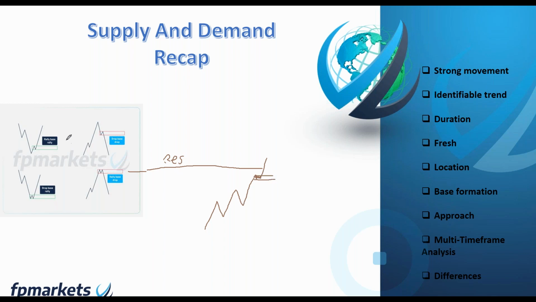Remember, the rally-base-rally is a defined up move, a subsequent consolidation, the base, which follows up with a move to the upside. Now, that inefficient move to the upside had enough, for lack of a better word, oomph to completely obliterate that resistance.